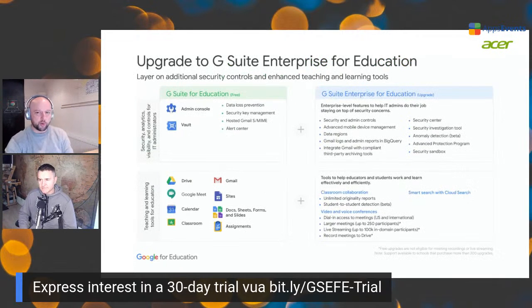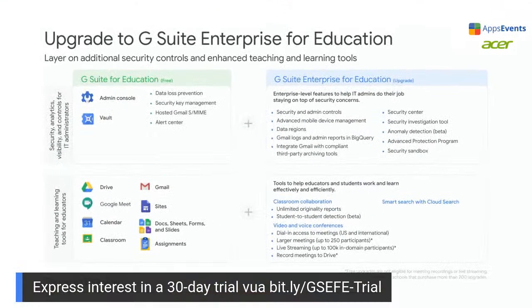So just to give you a brief overview, let me make that a little bit easier for you to see. On the left-hand side, you've got your G Suite for Education. From the security side, you've got the admin console and Vault, those tools that you can use to administer all of those user and device settings, and also to make sure that the security side of things is all as it needs to be.